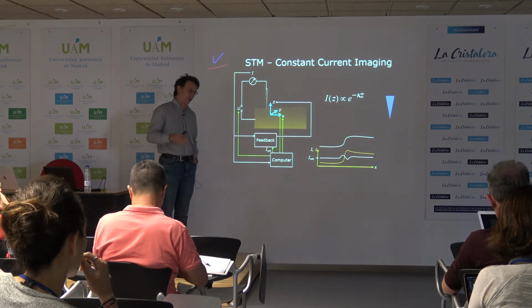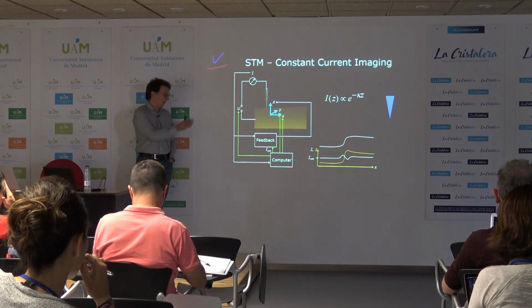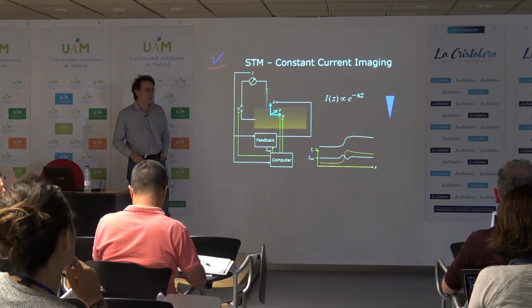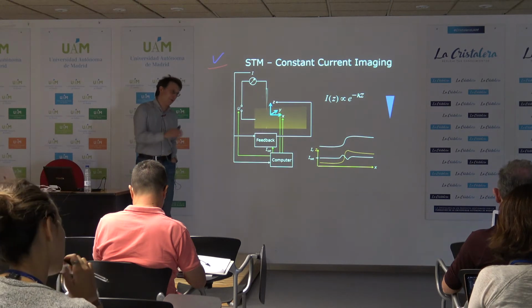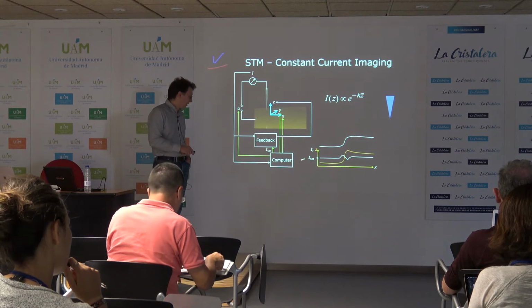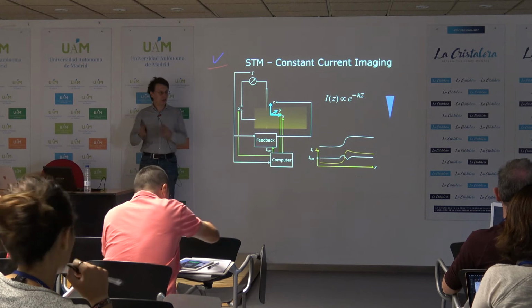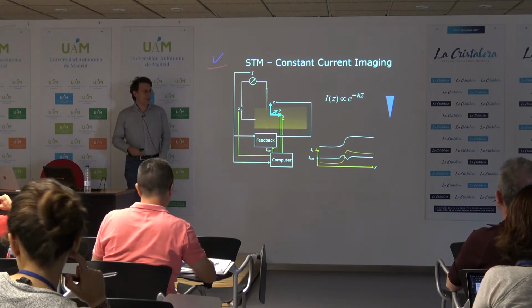But there are people working on actually trying to look at fluctuations by, for example, putting high frequency amplifiers into the STM. So it's possible, but it's not easy, because typically we work at very low currents here, and in order to measure these very low currents, you have a relatively small bandwidth of your amplifier.